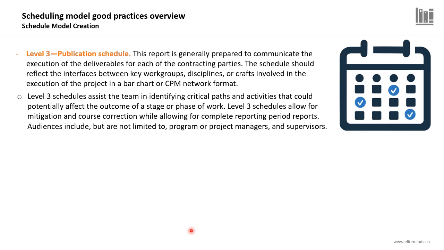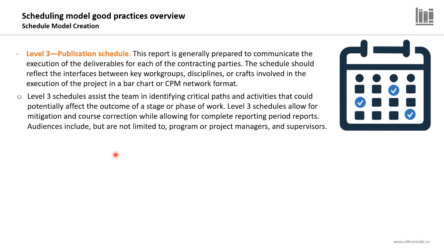Level 3 is the publication schedule. This report is generally prepared to communicate the execution of the deliverables for each of the contracting parties. The schedule should reflect the interfaces between key work groups, disciplines, or crafts involved in the execution of the project in a bar chart or a critical path method network format.